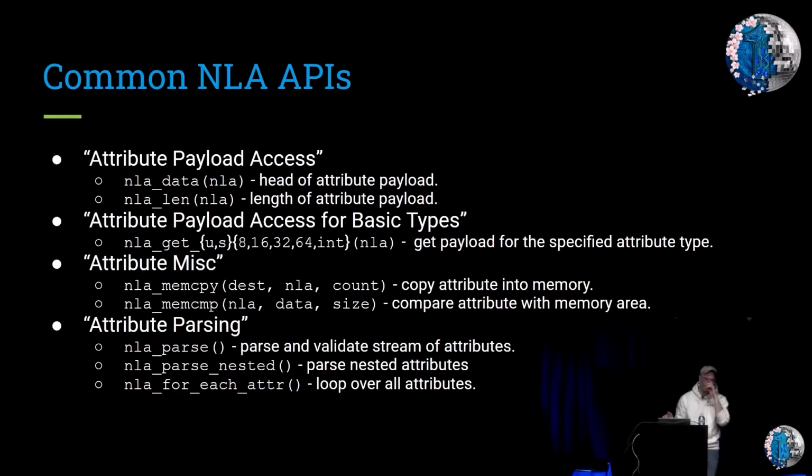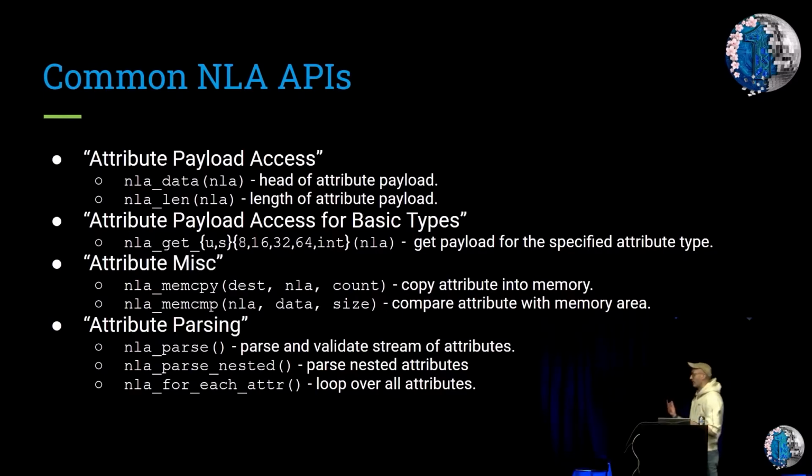So if I said, get a u32 from this thing, all it's going to do is go to the data payload pointer, cast it to a u32 because you said it was a u32, and then return it. There's no validation to be like, hey, you said u32, so it should be 4 bytes. Let me make sure that's the case, and return an error if it's not the case.